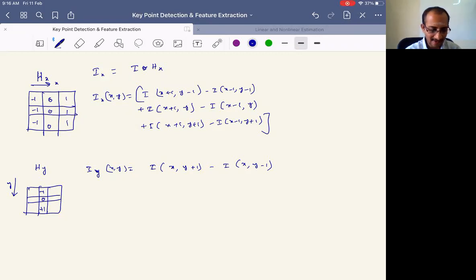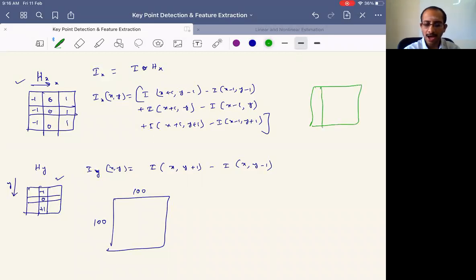So essentially, if we want to implement this on the whole image, if the image is say 100 cross 100 and you want to find the gradient, one first has to define the gradient operator. Is it a simple differencing based operator, or a little more involved operator like this, or a more robust operator like the Sobel operator, which is minus 1, minus 2, minus 1, 0 0 0, plus 1, 2, 1?